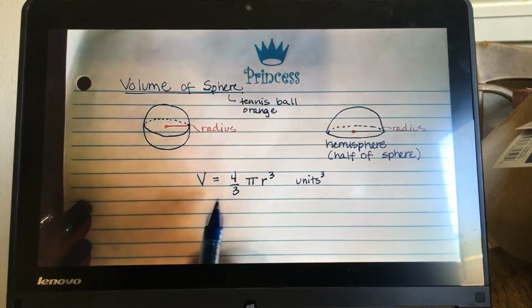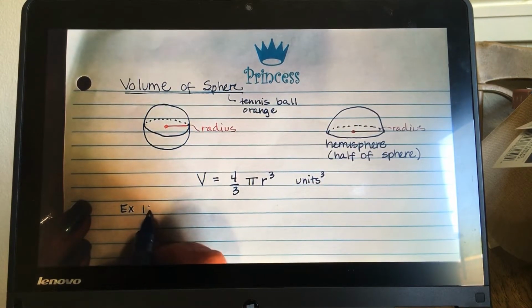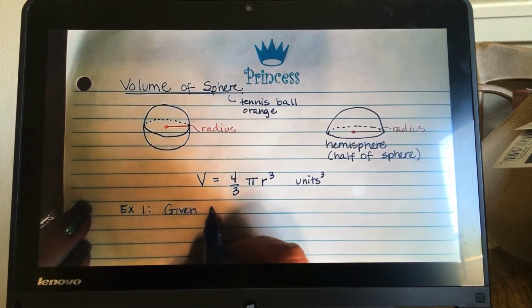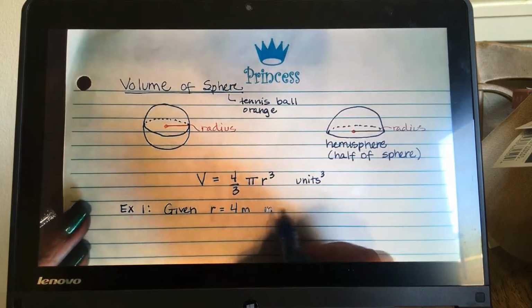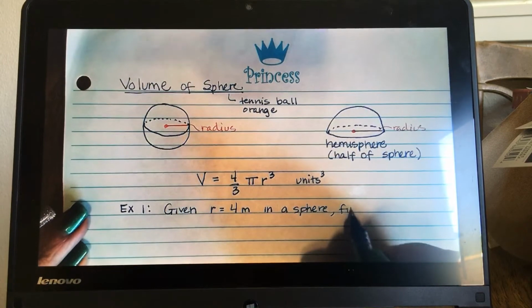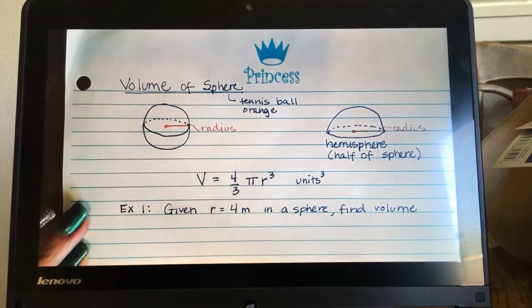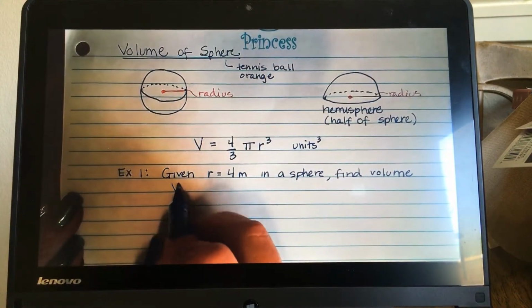So let's take a look at a couple of examples. We've got 3 examples. The first one is: given a radius of 4 meters in a sphere, find the volume. This is very straightforward using the formula, and it's going to be calculator friendly.